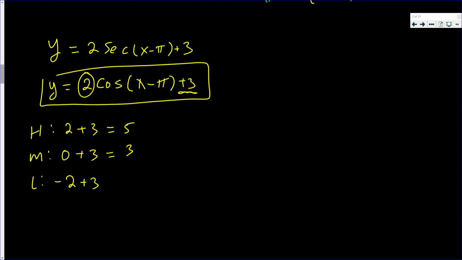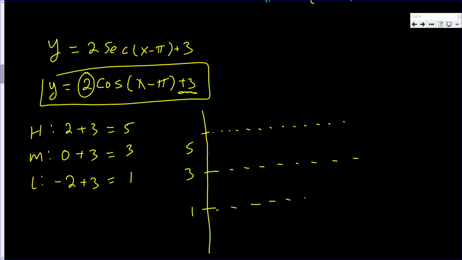The middle is 3, and the low is 1. So let's just make believe temporarily that this here is the y-axis. And I want to bring that 5 up a little bit. Okay, so our graph is going to be in between here, where that middle line is like the center.